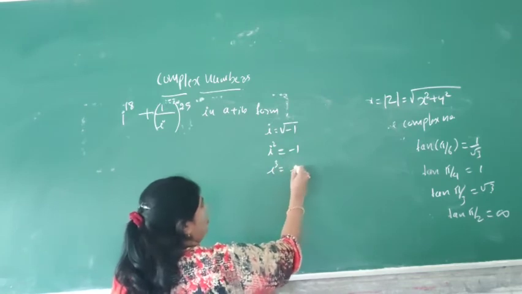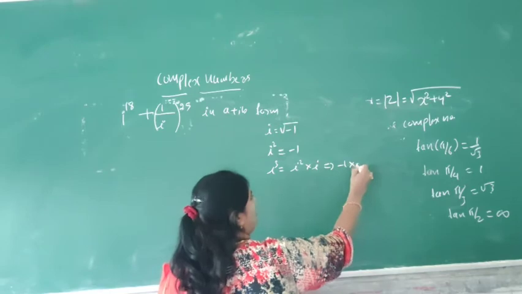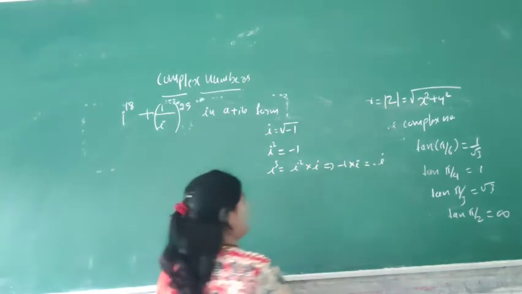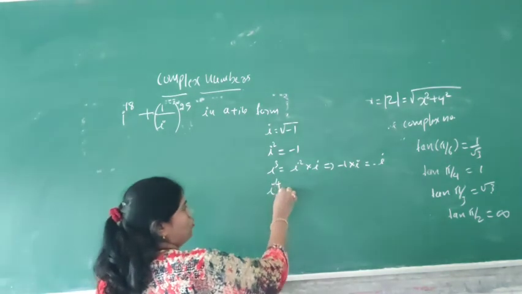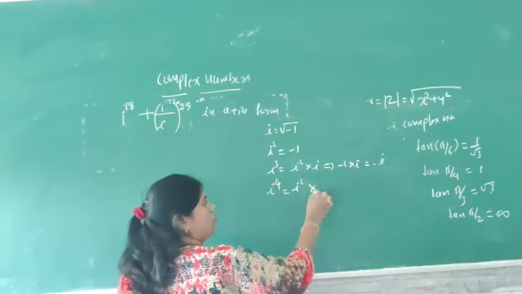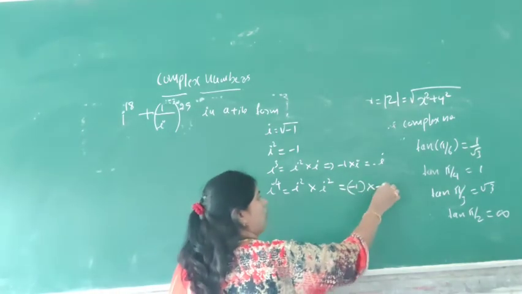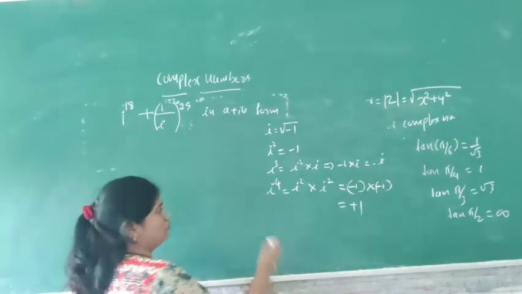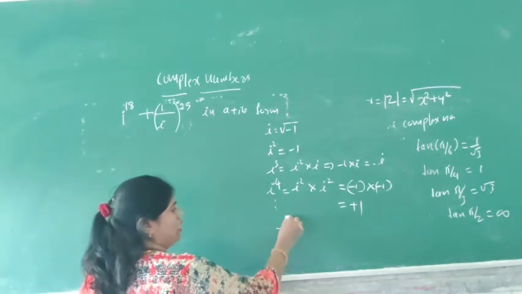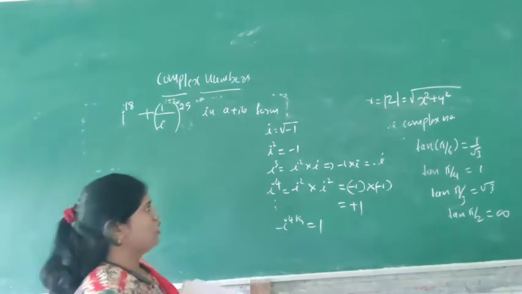I cube is I square into I, which is minus 1 into I, that is minus I. I raised to 4 is I square into I square, so minus 1 into minus 1, which is equal to plus 1. Similarly, I raised to 4k is equal to 1.